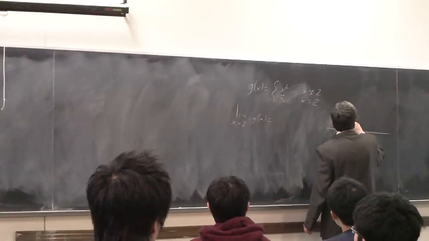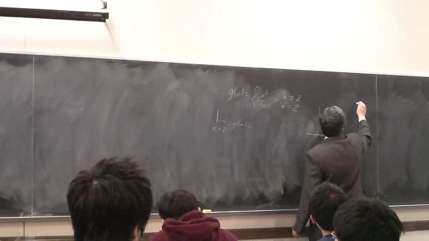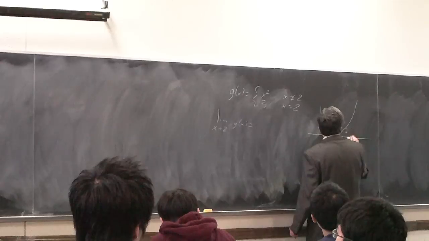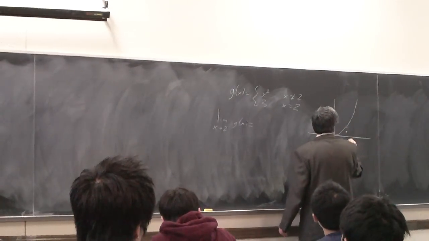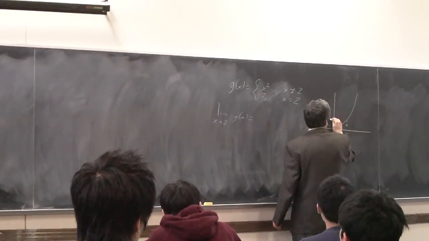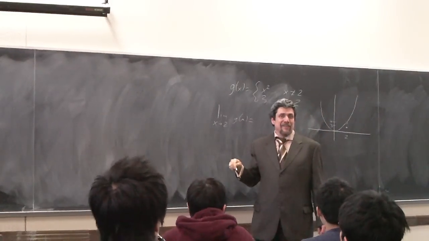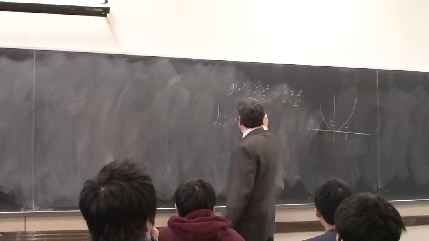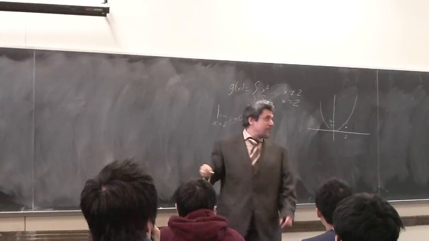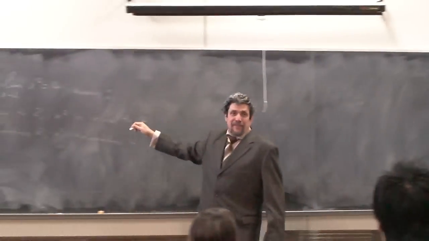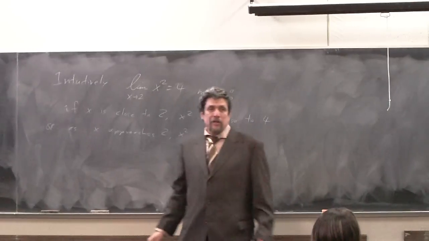It looks like this. The limit is 4. Good, you remember, right? So what do I have to add to this little intuitive definition to make it make sense?